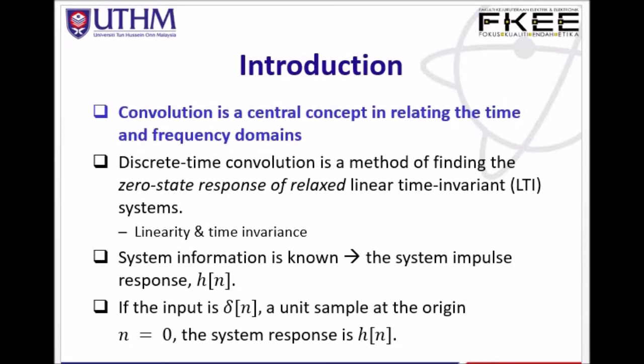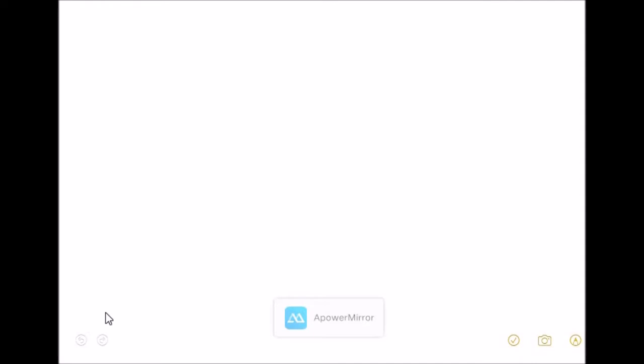Assume that the system information is known in terms of the impulse response. We call it h[n]. If the input is delta[n], a unit sample at the origin, n equals 0, the system response is h[n]. This can be illustrated in this example.